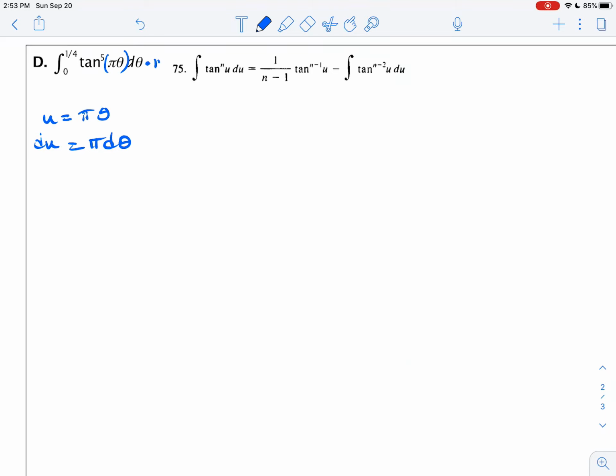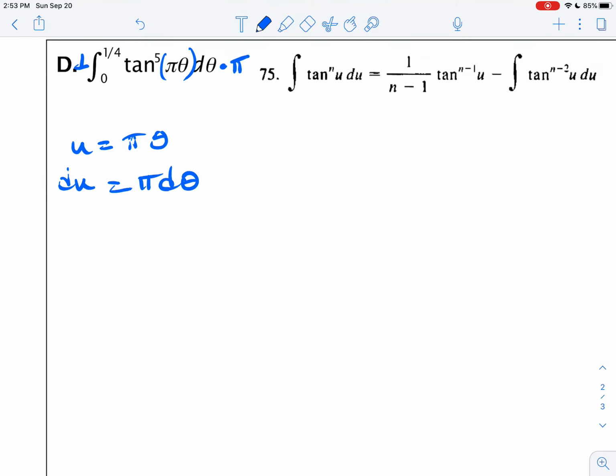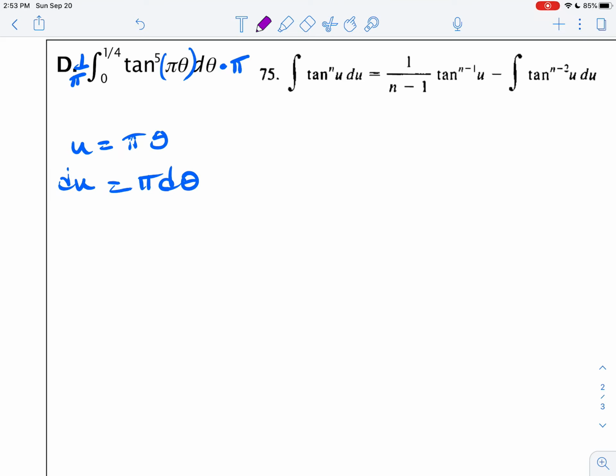So first I'm going to say let u equal pi times theta. Then du is going to be pi d theta. And so I need a pi in my original integral, which means if I'm going to multiply by pi, I'm going to want to divide by pi. I also, if I want to, can change my limits of integration.